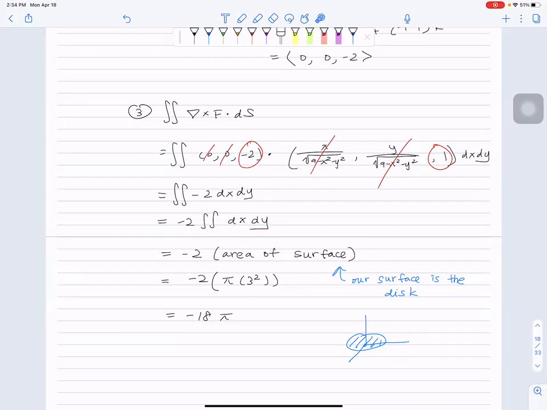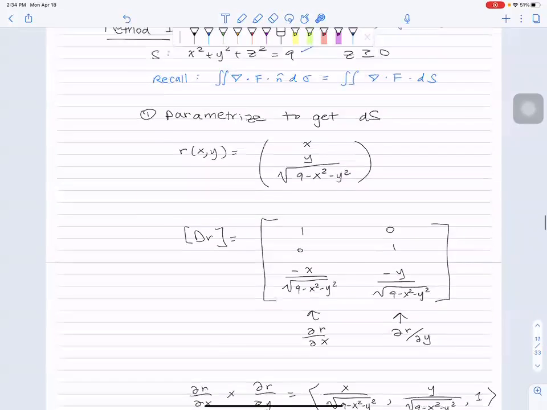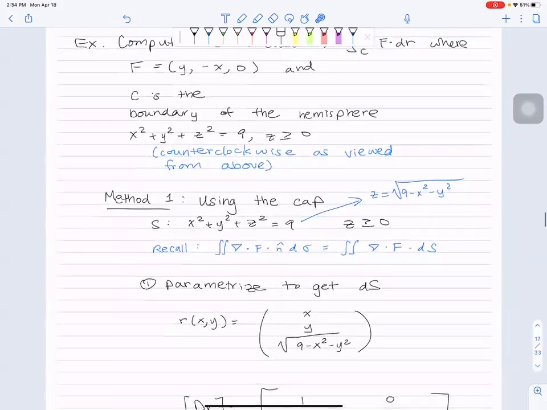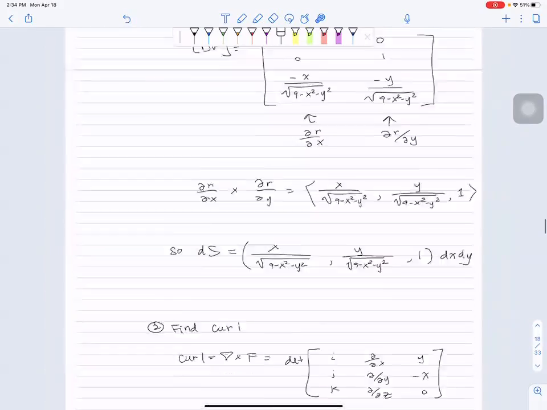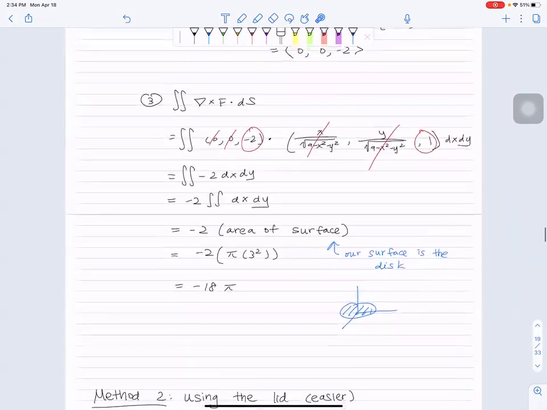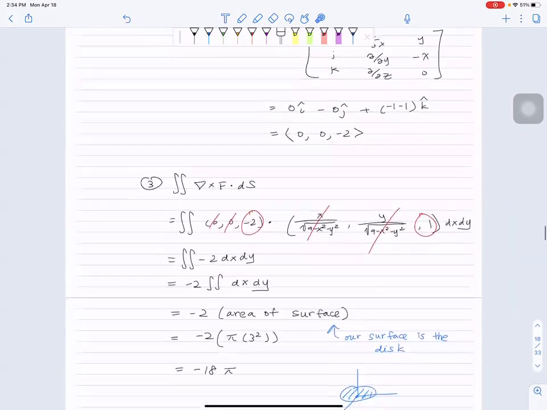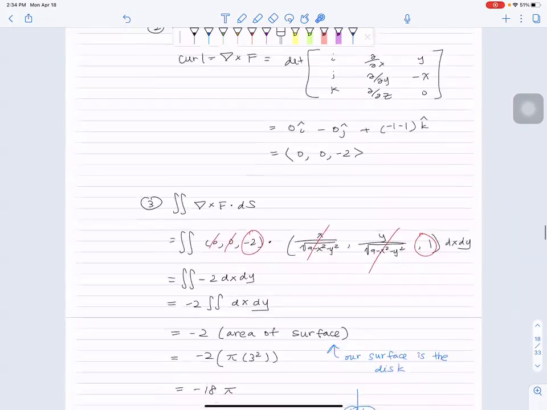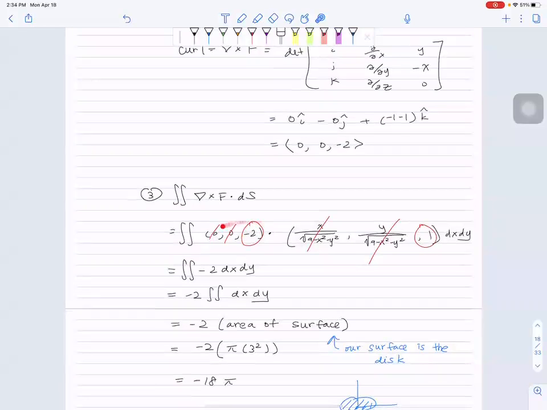Yes. You would have parameterized the z, but you have a different parameterization. You should still get the same answer, but your numbers might be a bit different in here.